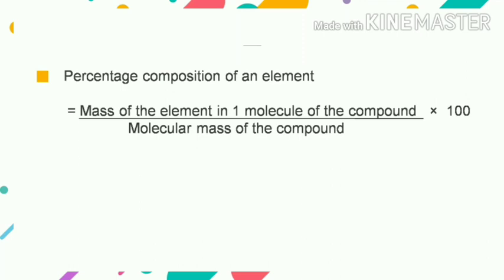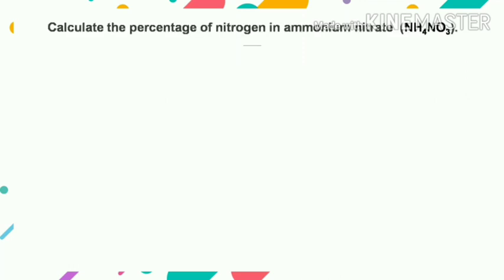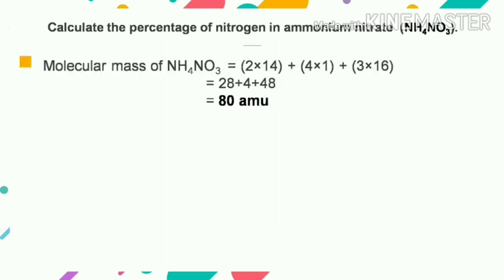For example, let's calculate the percentage of nitrogen in ammonium nitrate. Here firstly we'll calculate the molecular mass of ammonium nitrate, which comes out to be equal to 80 atomic mass unit. Then in one molecule of ammonium nitrate, the mass of nitrogen is 2 multiplied by 14, that is equal to 28 atomic mass unit.